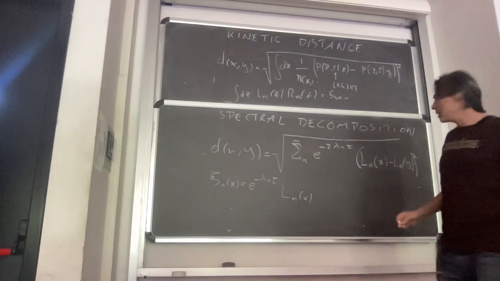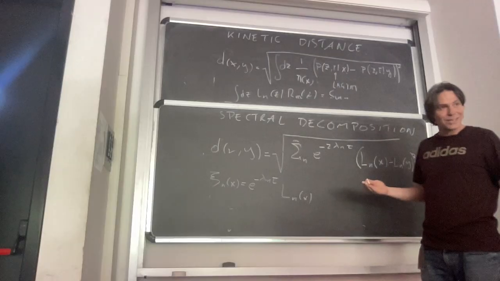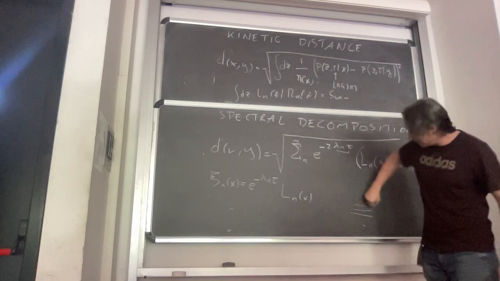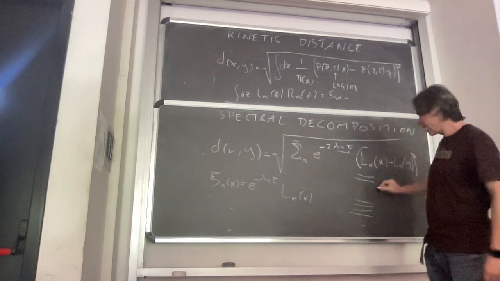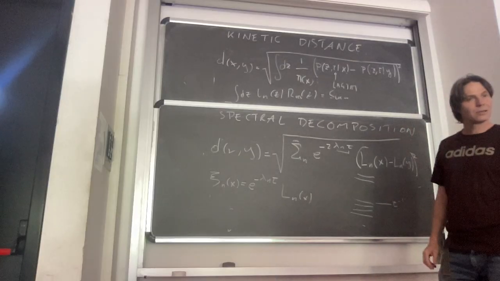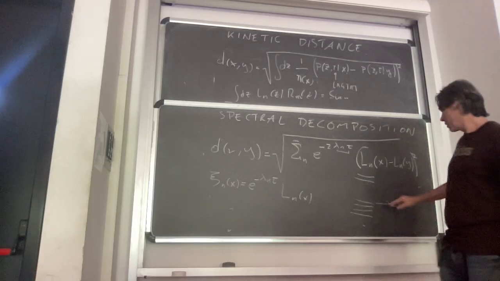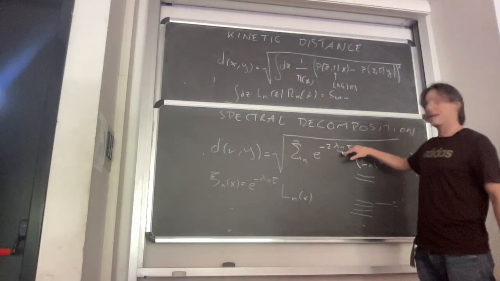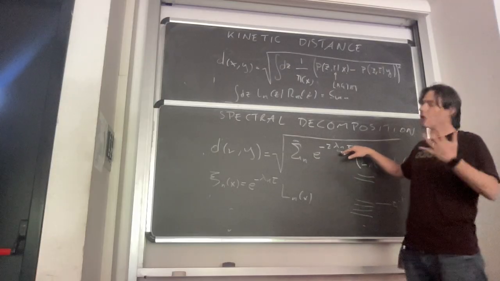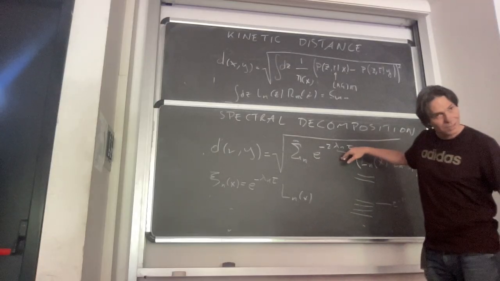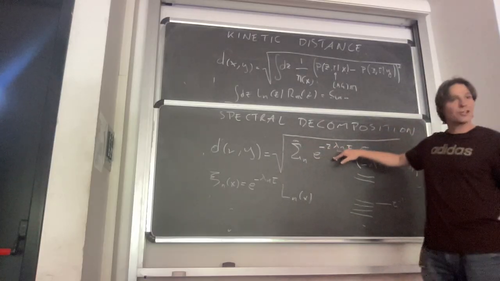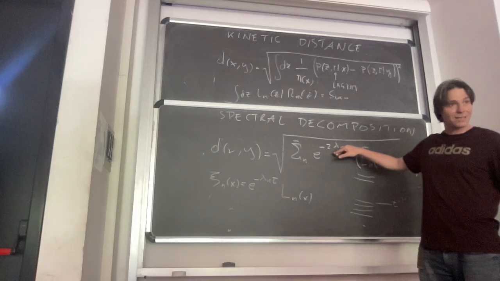Now, if there is a gap, these are the fast ones, and tau to the minus 1 is chosen here, so the time scale is longer than the fast relaxation processes. All the eigenstates above the gap are exponentially suppressed, right?